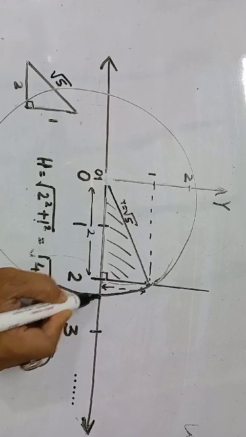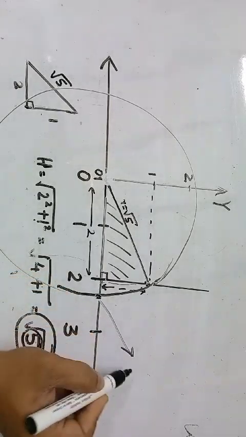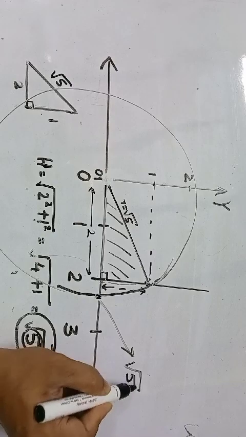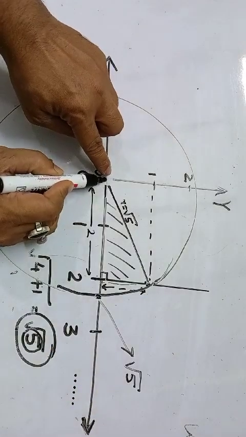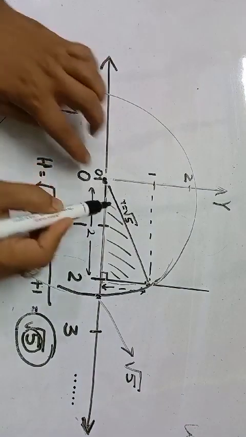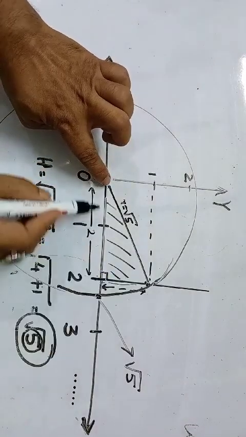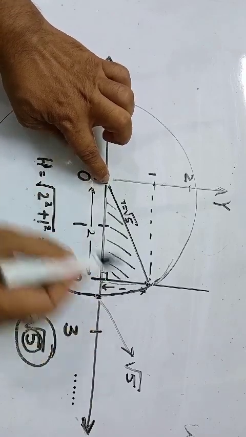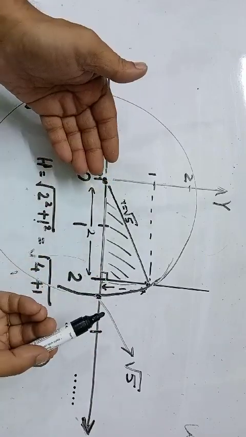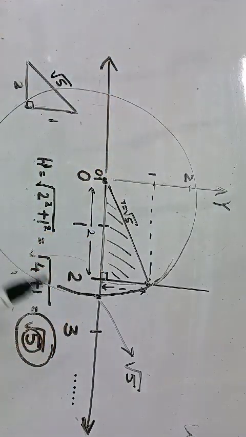Okay, it is this point which you will write as root 5, because if this is the center of the circle and this was the radius, then this is also that same radius. So if this was root 5, this much will also be root 5, because these are both the radii of the same circle.